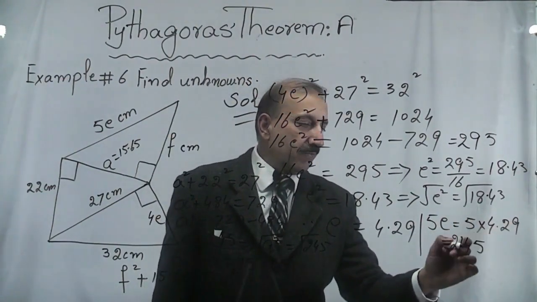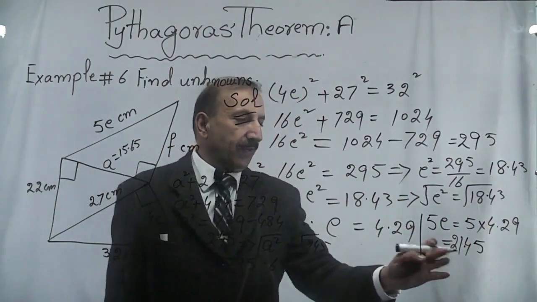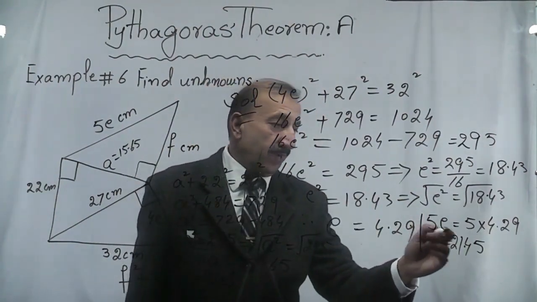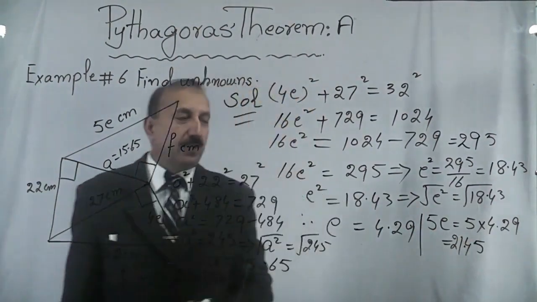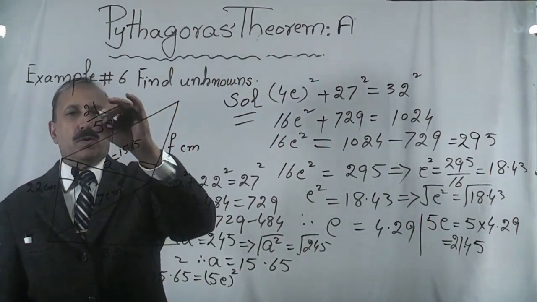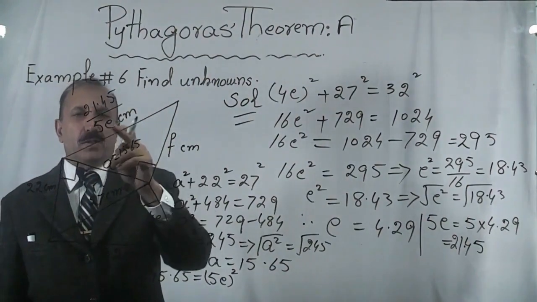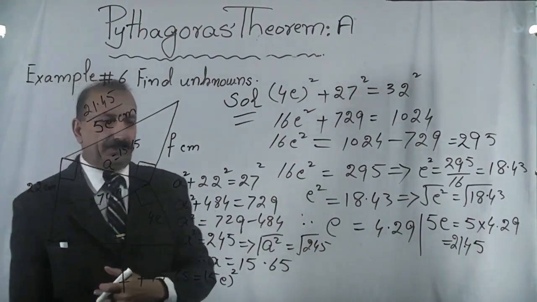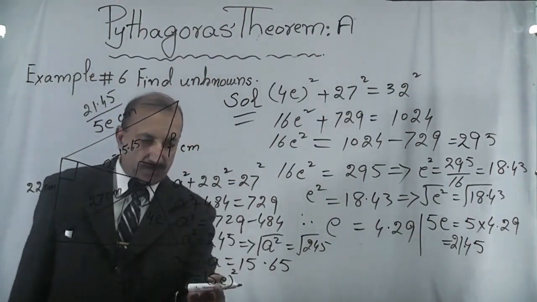And after 2 digits when we insert the decimal, the value of 5e in total is 21.45. This 21.45 is the value of this whole number 5e that we will use in place of here.